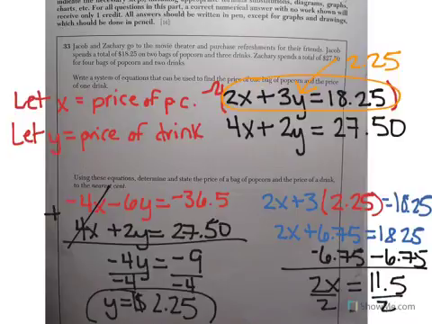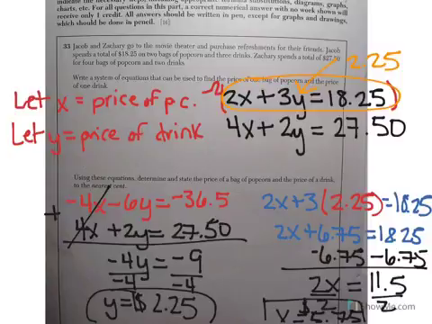Divide by 2. Running out of room, but x should equal 5.75. Okay, so I know that's hard to read, but I ended up with the price of popcorn is $5.75 and the price of a drink is $2.25.